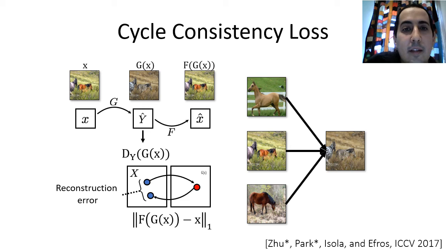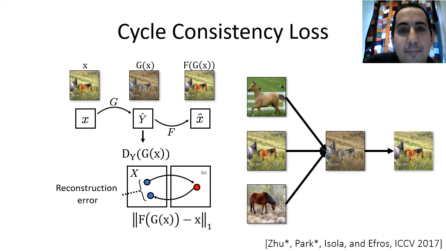As seen in this slide prepared by the authors, a horse in the X domain can be converted to a zebra in the Y domain, then back to a horse in the X domain. We have a set of horse pictures and a set of zebra pictures. But the most important part is they are not paired.